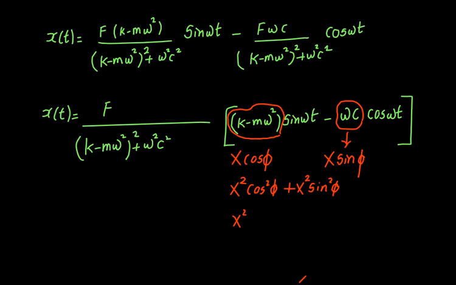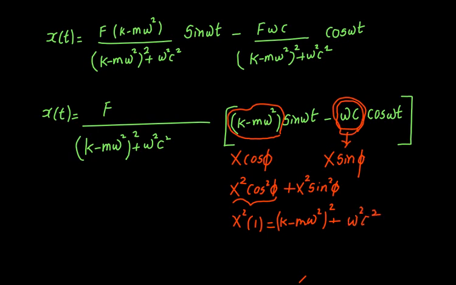That is just going to be 1, because cos squared psi plus sine squared phi is just going to be 1. That's right. And if you just do this on the right hand side, what is it that you are going to get? You are going to get X squared cos squared psi, which means if you are squaring these terms, you are going to get (k minus m omega square) the whole square, and if you are squaring this term, you are going to get omega square c squared.